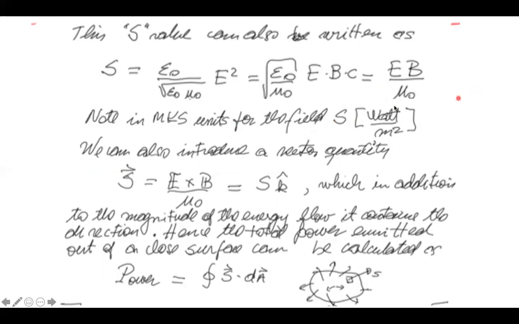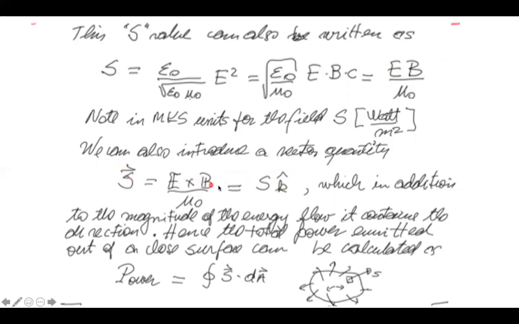In addition to this quantity S, we can also introduce a vector quantity defined in this way. This is the reason why I wrote it this way. Since E and B in an electromagnetic wave are perpendicular to each other, E cross B is essentially EB, divided by mu naught, perfect. So this S vector is equal to S times k. What is k? k is the direction in which the field is propagating.